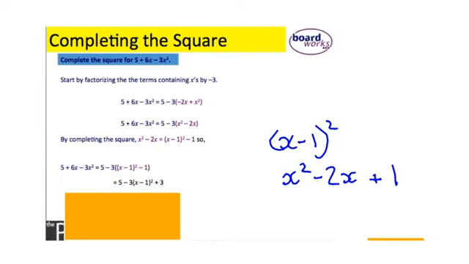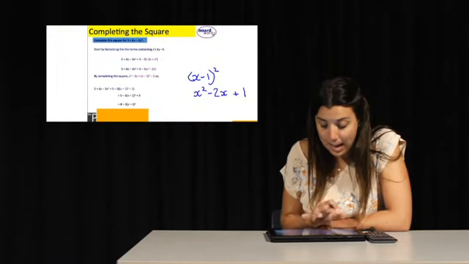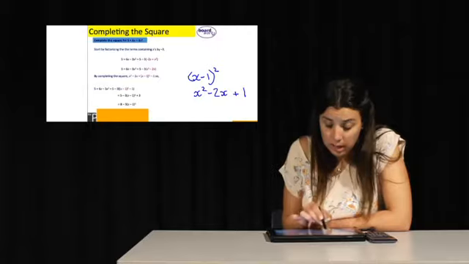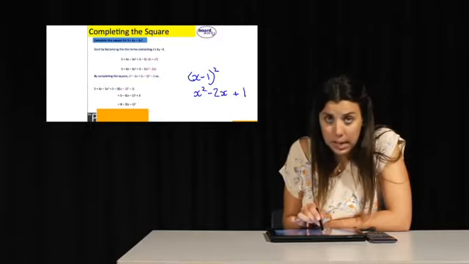That's where the +3 on the end comes from. The 5 is the same, the -3 stays in front of the bracket. We then have two terms we can simplify, 5 at the beginning and 3 at the end. So we actually have 8 altogether, take away 3 bracket x minus 1 squared. Again, that's completing the square for the quadratic expression here at the beginning, 5 plus 6x minus 3x squared.